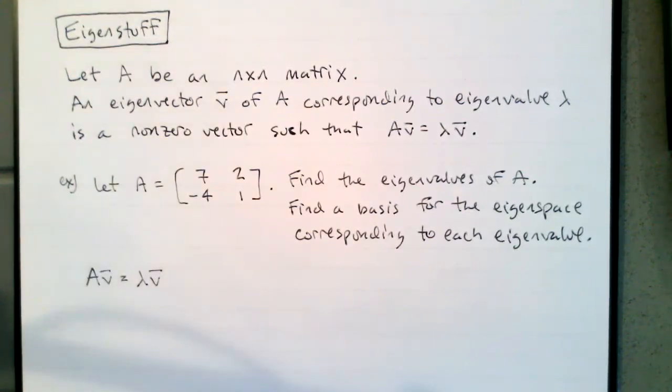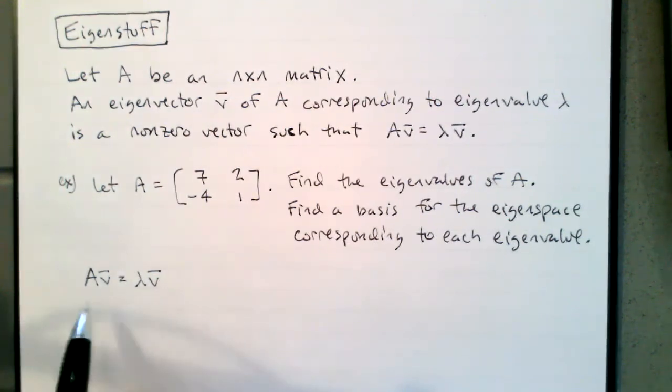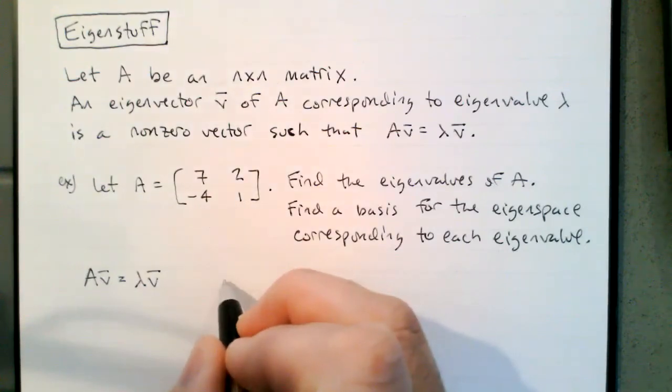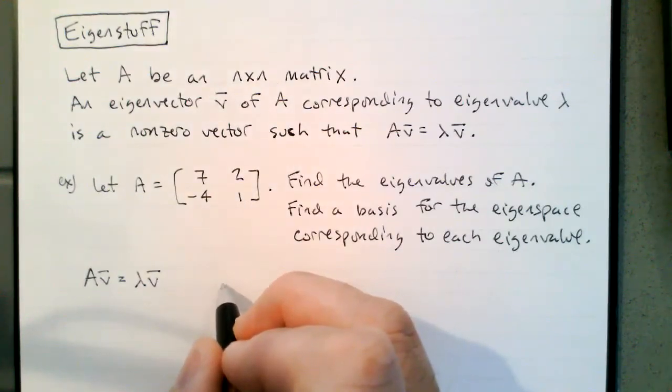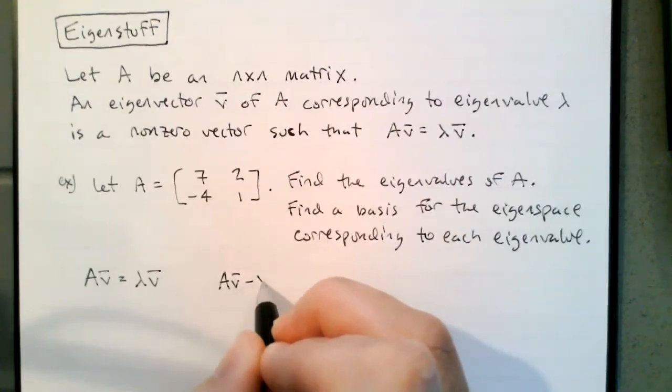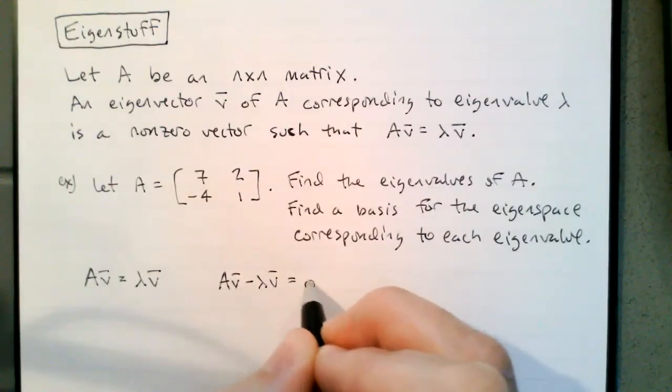So all of you anti-determinant folks, I am also an anti-determinant folk, but this is the traditional way we get into eigenstuff. So since AV is equal to lambda times V, if I subtract these two, we'll get 0. If these two things are equal, then their difference will be 0. So this means that AV minus lambda V is equal to the 0 vector.